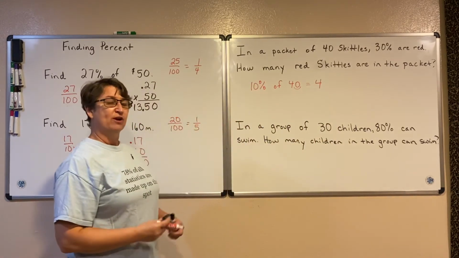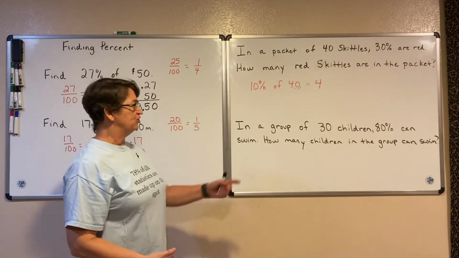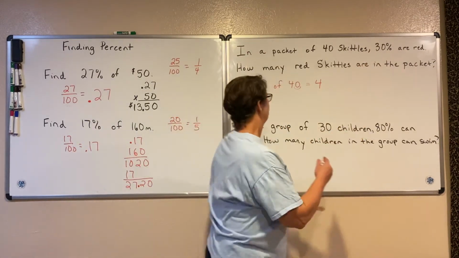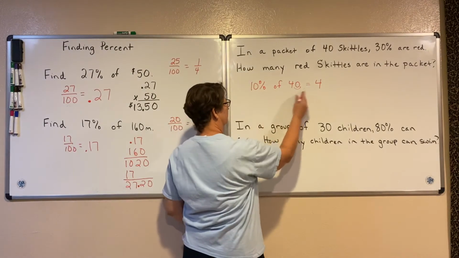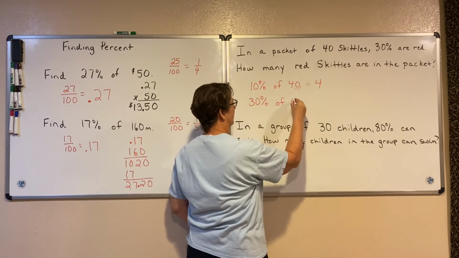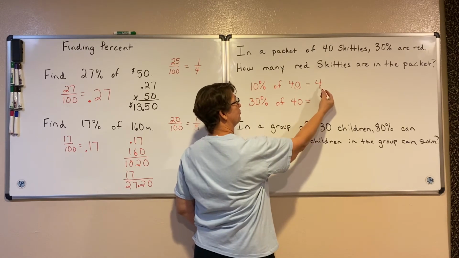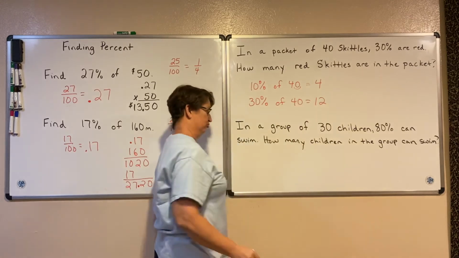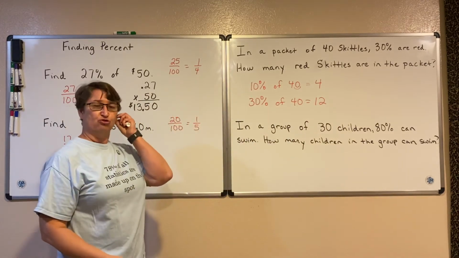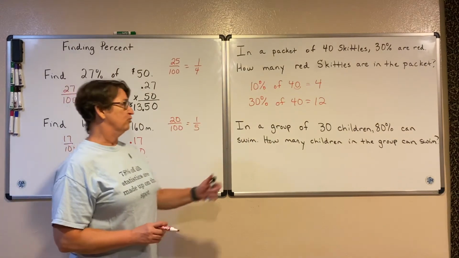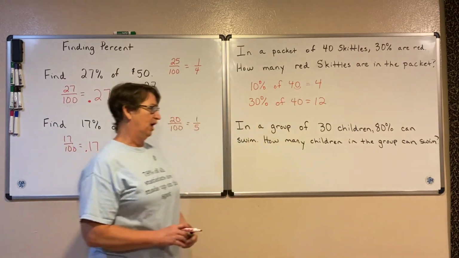So then if I want to find 30% of it, I just take that and multiply it times the 3. So if 10% of 40 is 4, 20% would be 8, and 30% would be 12. So sometimes using your 10% rule, it really is helpful. It just moves that decimal over one spot.